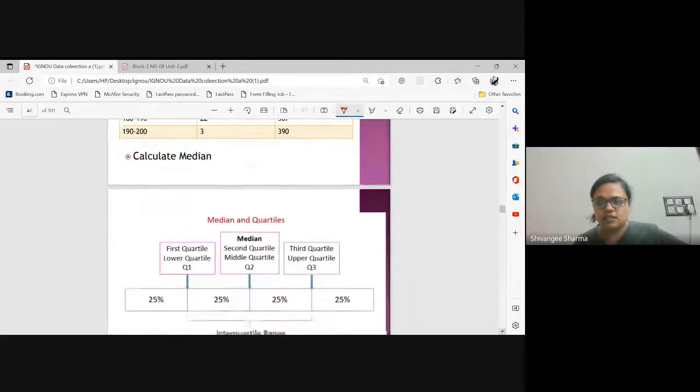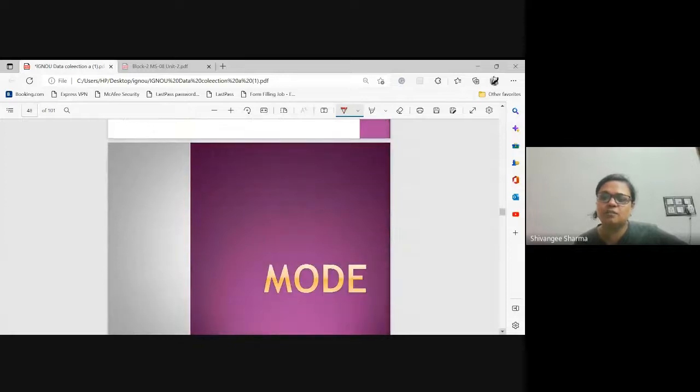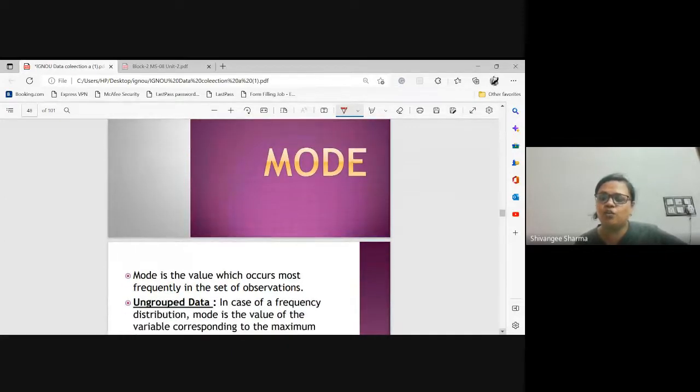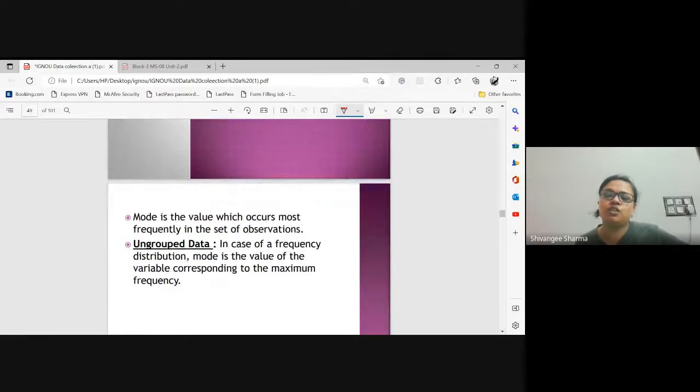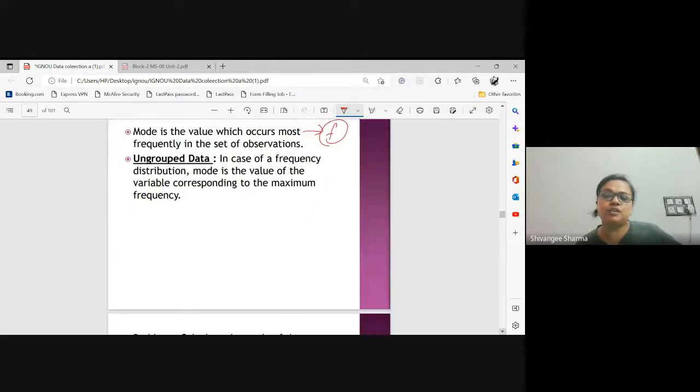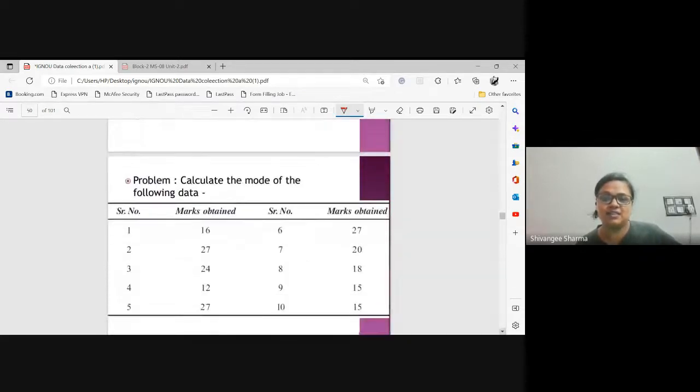That's it. Let me give you the simple idea of mode. Mode is the most frequent observation, right? The observation which has the highest frequency is the mode. Okay. So let's see the ungrouped data because that is the easiest.